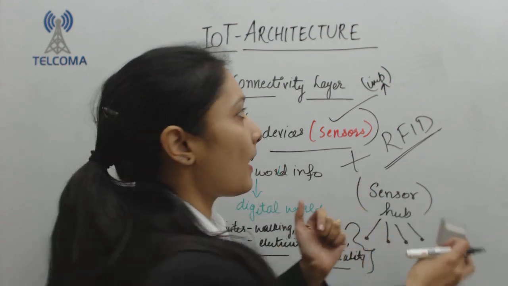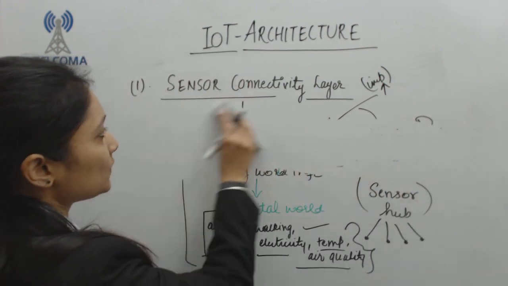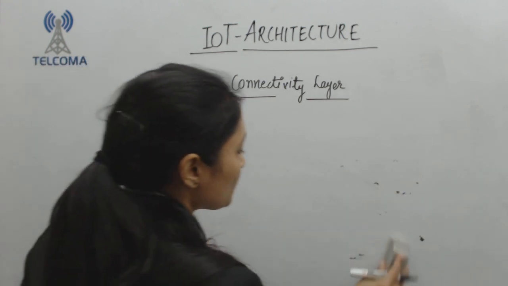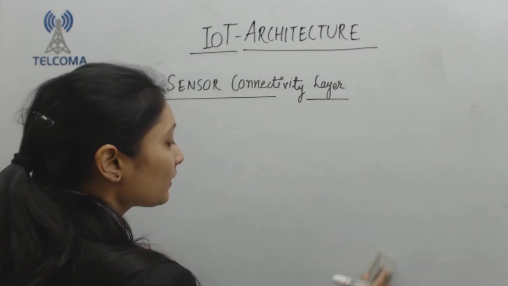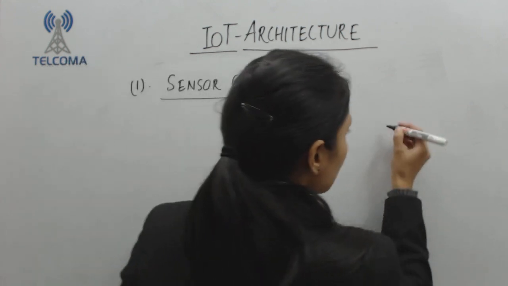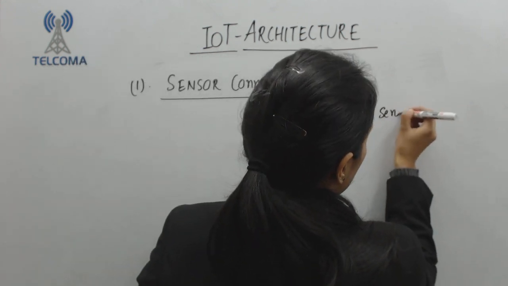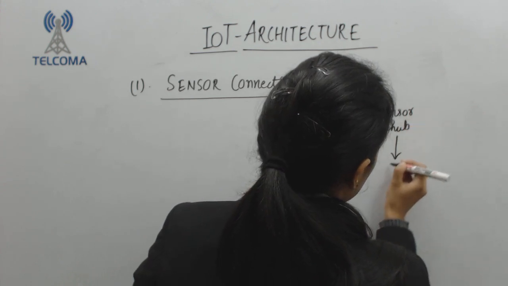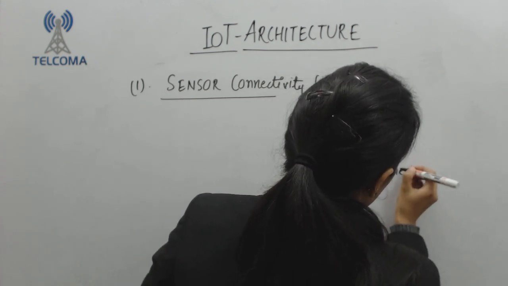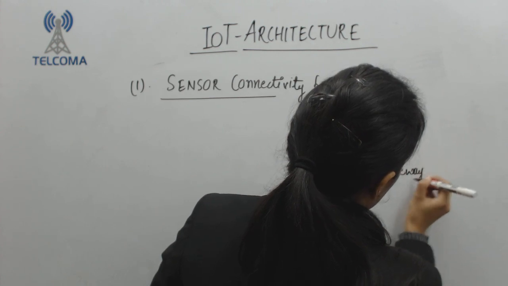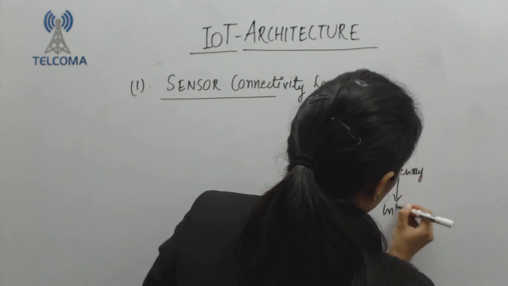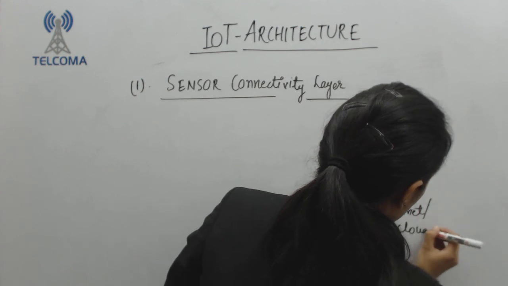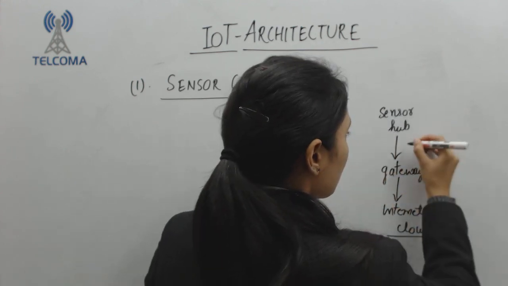So that means after the sensor connectivity layer, once the information is collected, that needs to be transferred from the sensor hub to the gateways so that the gateways can forward it to the internet or your cloud platform.